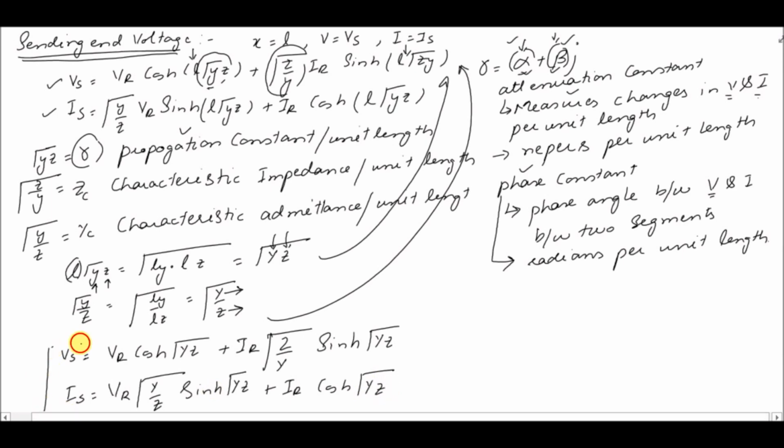So these are the equations that will be used in the numericals when you have to calculate the sending end voltage and the sending end current, and you are given the receiving end voltage and receiving end current.